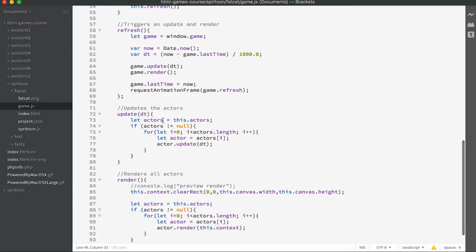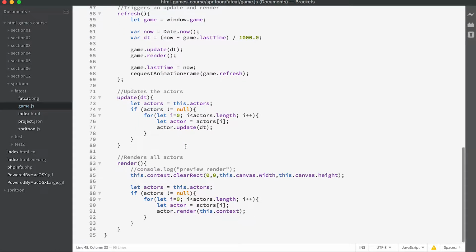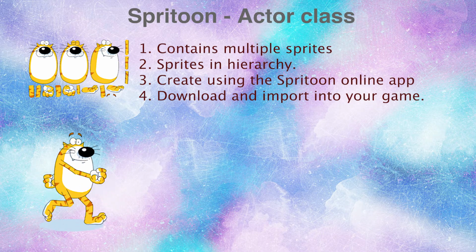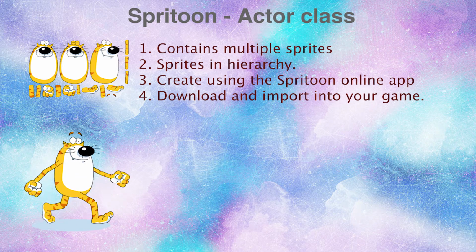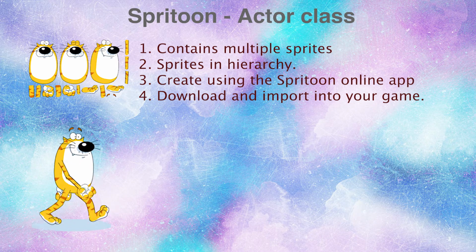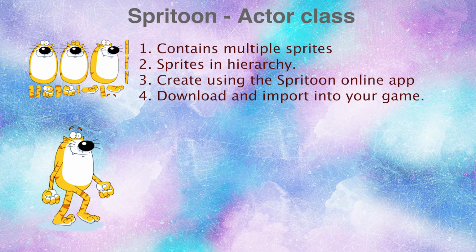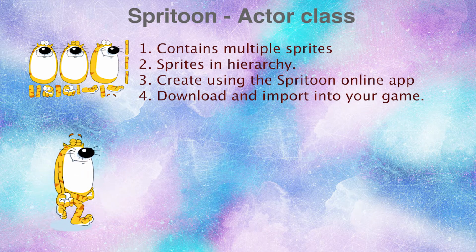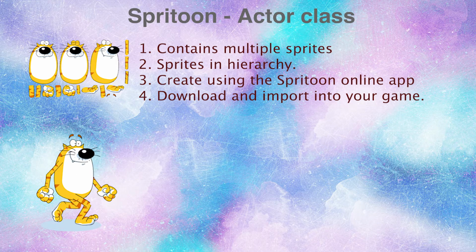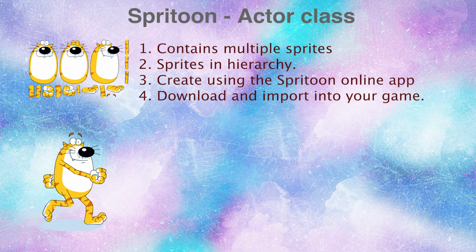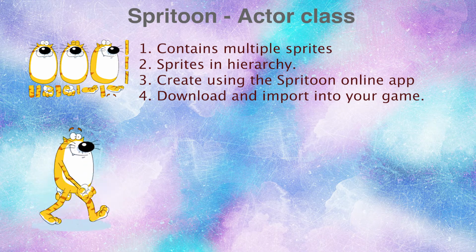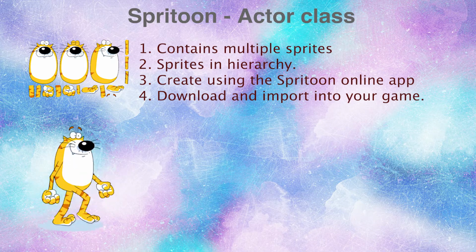And the update is now going to be updating an actor. An actor is a sprite that contains multiple sprites that are in a hierarchy. If you looked at the previous video, you'll see how you rigged it, that you could have a hand parented to a lower arm, parented to an upper arm, parented to the body, and by moving the body, all the children of that would move.